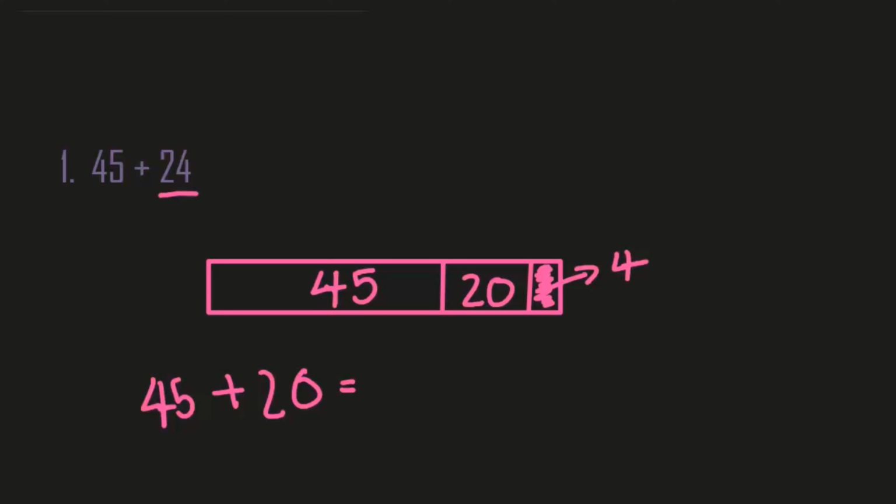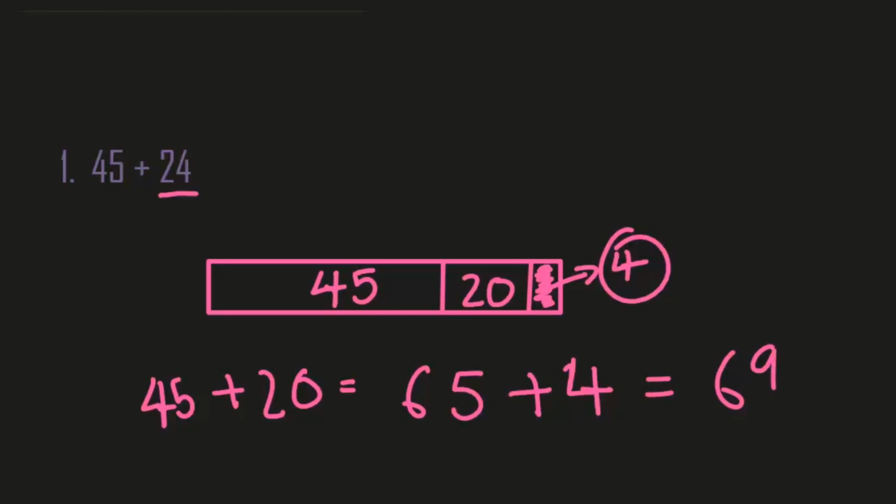Well, 4 plus 2 is 6, and 5 plus 0 is 5, so the answer is 65, but we're not done yet. We still have a 4 to worry about. So 65 plus 4 would be 69. So that's our answer.